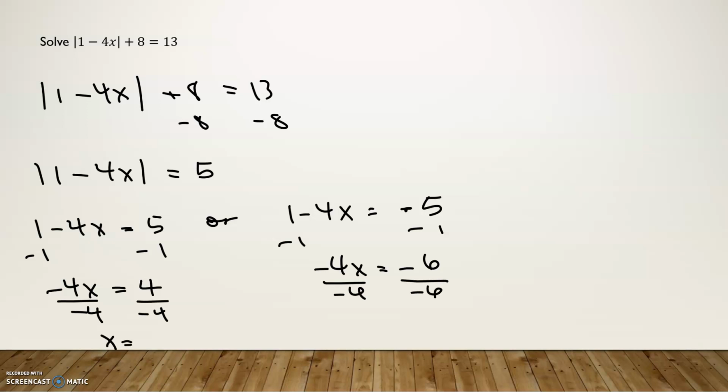So over here we've got x is equal to negative 1. Over here we've got x is equal to, looks like 6/4. But I can take a 2 out of those, so I get 3/2.